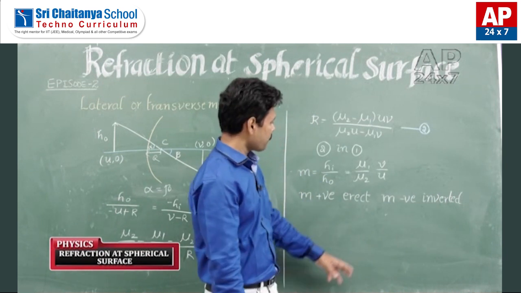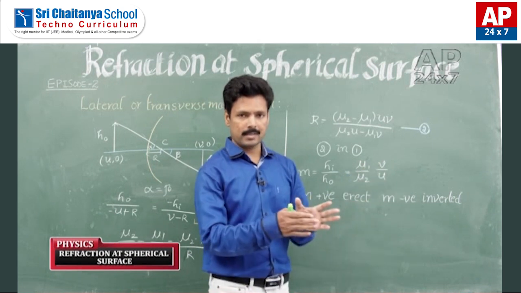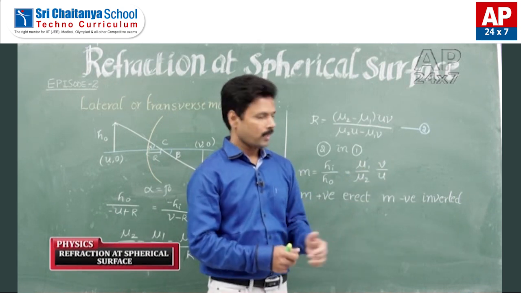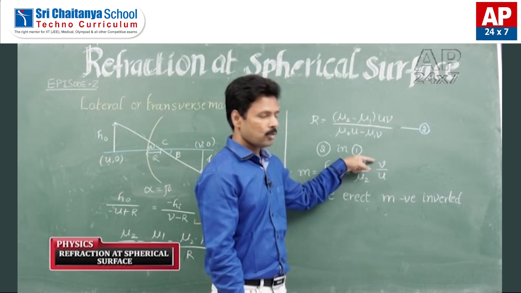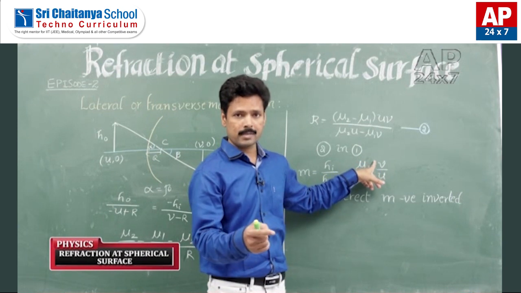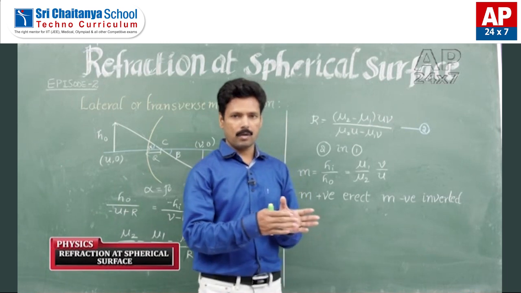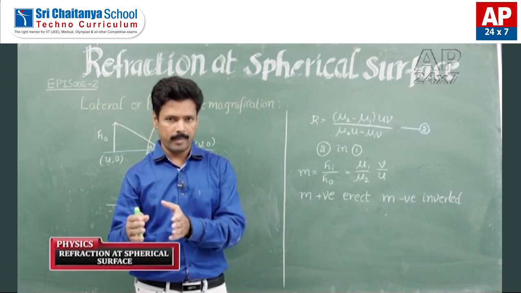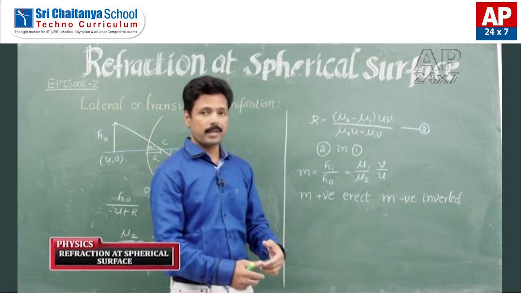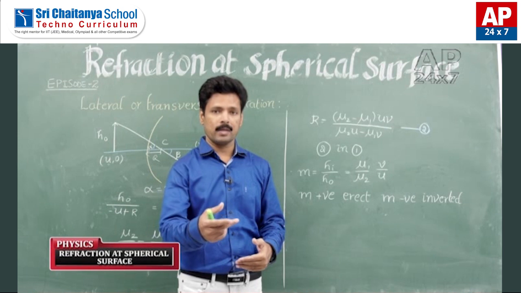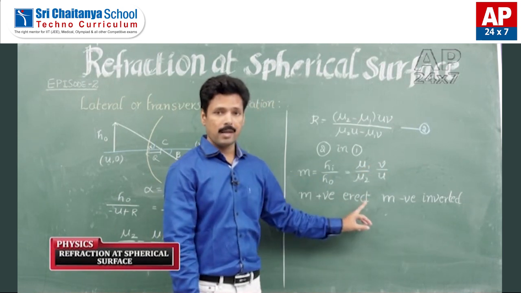Negative means if one is positive, the other must be negative. If we consider a real object, u will be negative. When u is negative, if v is positive, it is a real image. So when we get a real image for a real object, it will be inverted. If for a real object you get a virtual image, both are negative, so the total value is positive. It is erect.